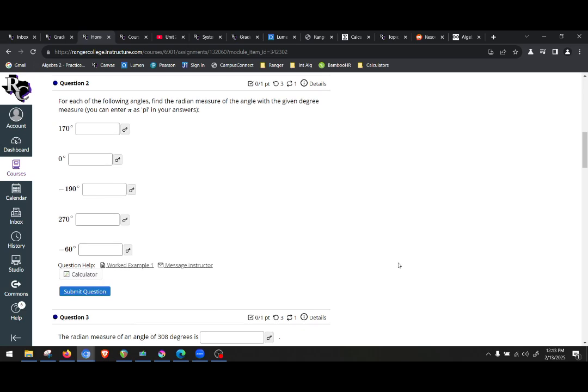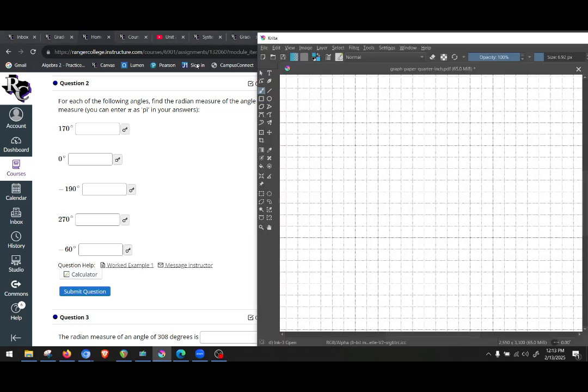Okay, converting degrees to radians here. Just straight to the point, the way that we do that: 170 degrees is what we want to convert. To convert that to radians, we multiply it by pi over 180 degrees.